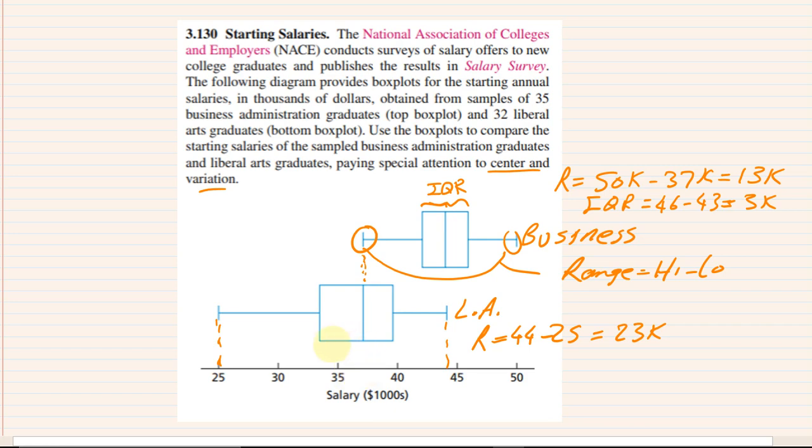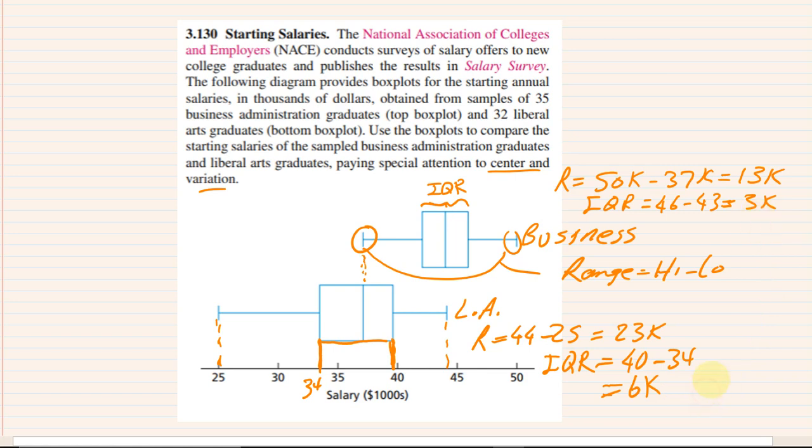Let's look at the IQR, the middle 50%. The middle 50%, this is almost 40K. That's about 34K. So the IQR ranges from almost 40 minus 34, a $6,000 range, which is much better than the $23,000 range. But compare that range to this one, the IQR.